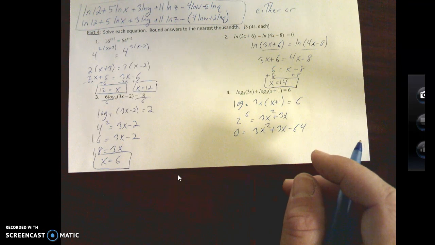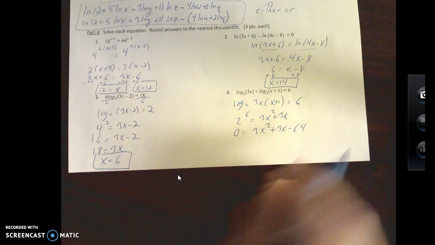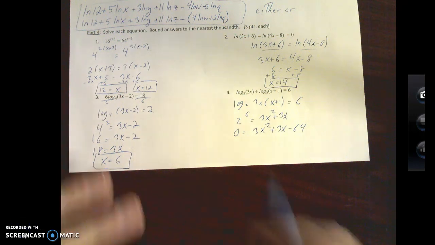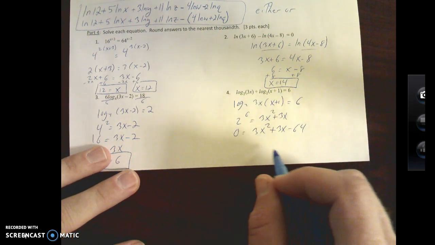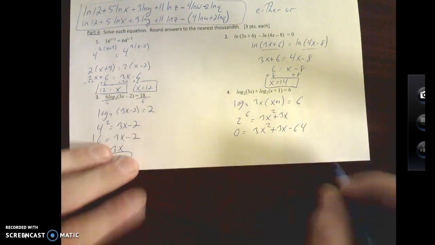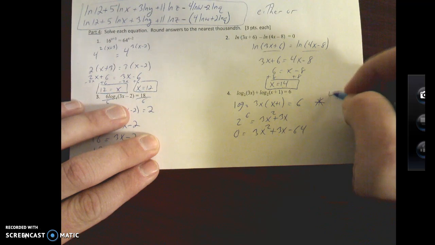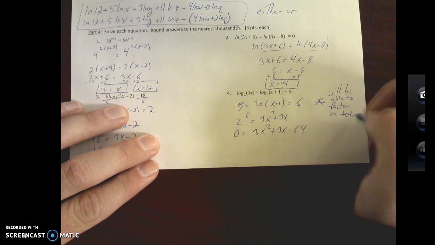Now, from here, you would normally want to factor this. Okay. So, you would want to factor that, do the first times the last. However, as I'm just realizing this now, this is not factorable. Okay, so please make a little note here. We'll be able to factor on one test.